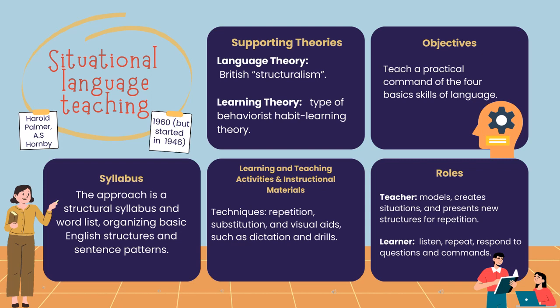The early course consists of a list of sentence patterns, including statement, question, and request or command patterns. The vocabulary chosen for each lesson is limited to structural words and sufficient content words to provide material for language practice. We have 2 supporting theories, the language theory and the learning theory.